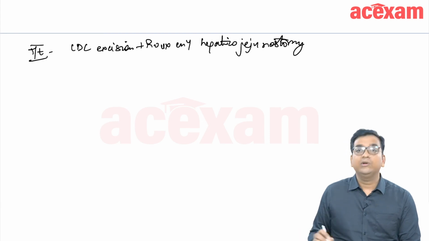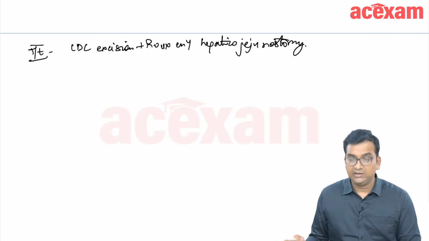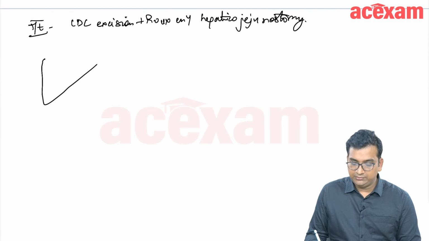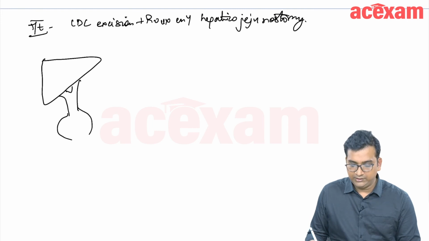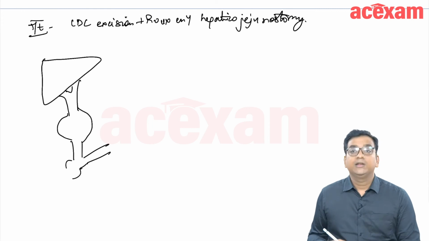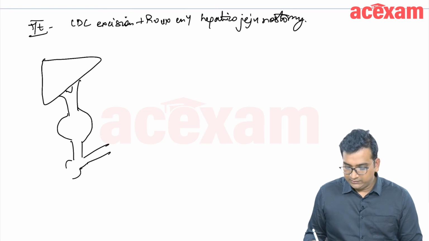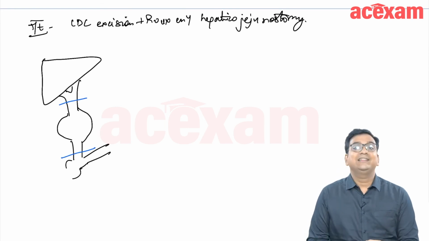Now, what is this Roux-en-Y hepaticojejunostomy? I'll explain. Suppose this is the common bile duct here, and there is a choledochal cyst here. Now, what we are going to do, we are excising the choledochal cyst, and this portion of the bile duct is excised.